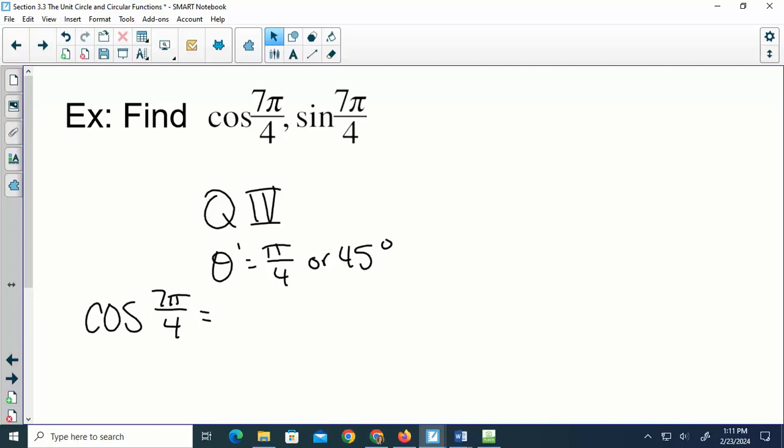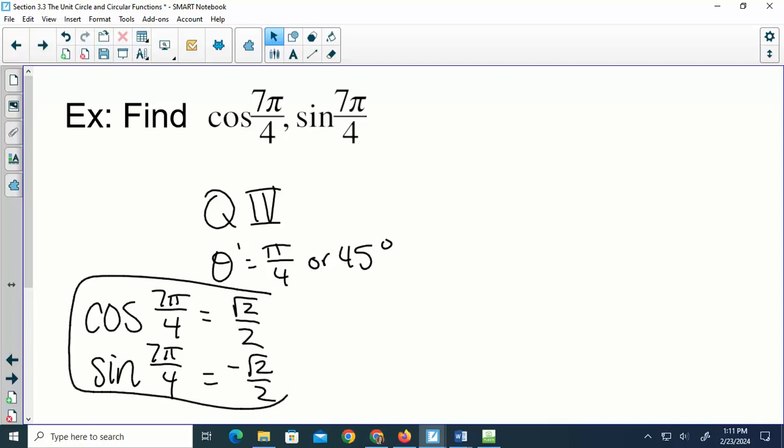Positive. Cosine of 45, we're going to radical 2 over 2. Quadrant 4, is sine positive or negative? Negative. What is the sine of 45? And then if you look on your unit circle, you should have that point. Dope.